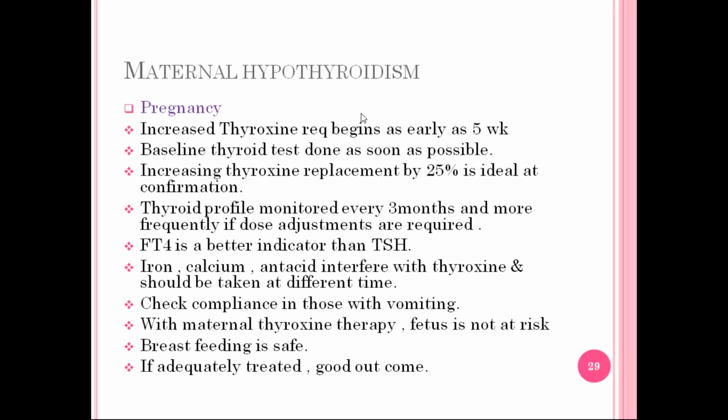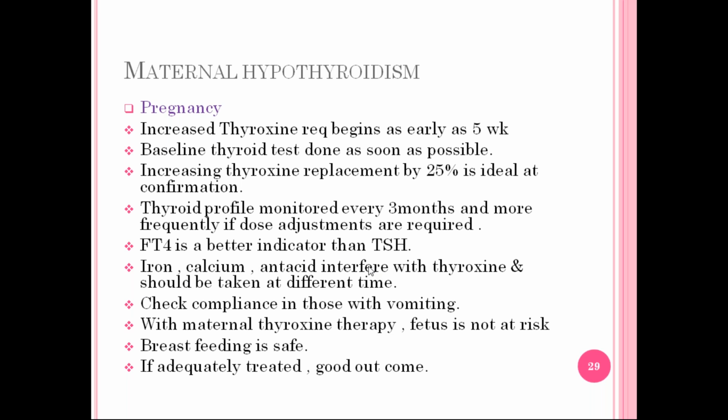Increased thyroxine requirement begins as early as 5 weeks itself. Okay, and you have to monitor thyroid profile every 3 months, and free T4 is a better indicator. And when you prescribe the drug, suppose she was hypothyroid, you prescribe thyroxine.